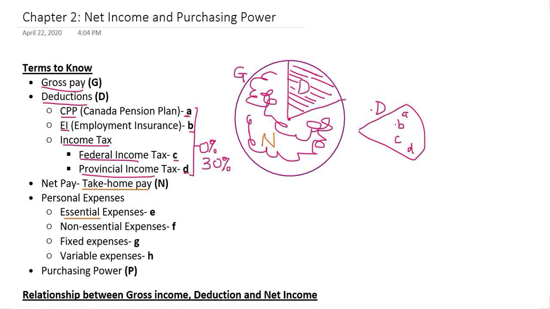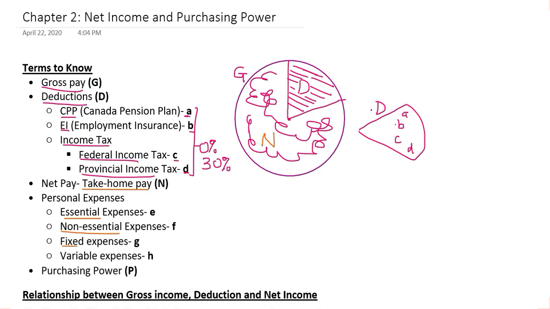When we look at non-essential expenses, these are things that you don't really need at that particular point. For example, with the outbreak that we have, we don't really need to spend money on non-essential expenses like entertainment and so on. Then we have another type of expenses called fixed, money that doesn't change.